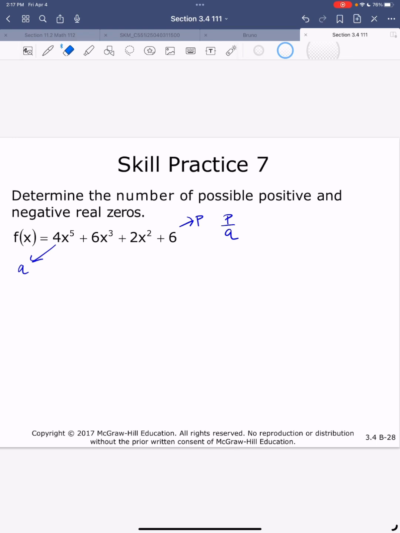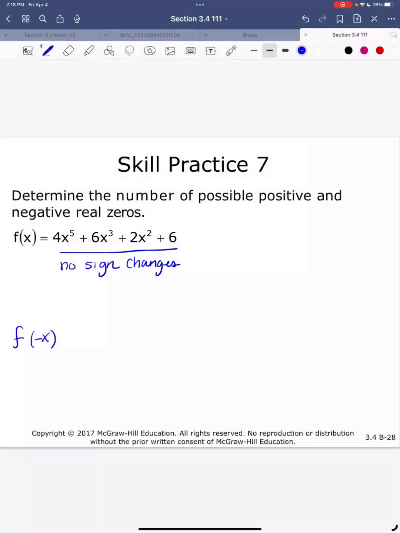And what we do is we say, well, how many sign changes do I see between f of x? And then in a moment, we'll look at the sign changes between f of negative x. So here I start with a positive 4. I stay positive. I'm still positive. I have no sign changes here.